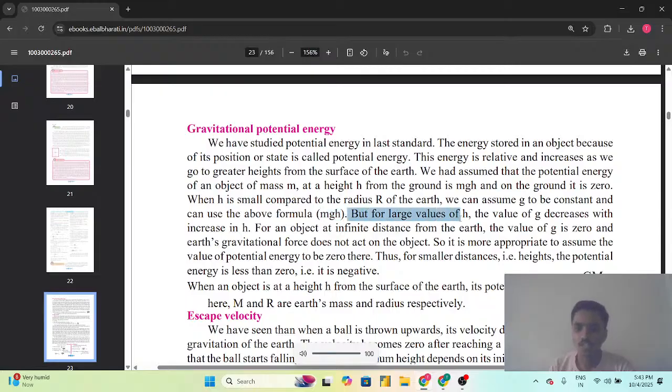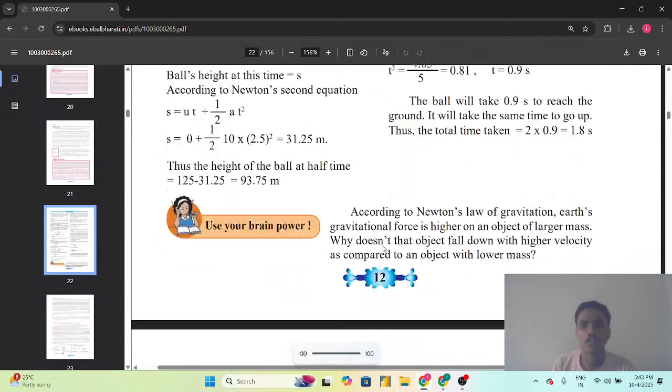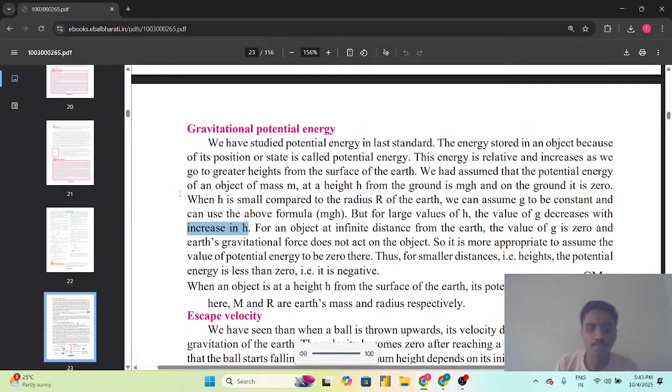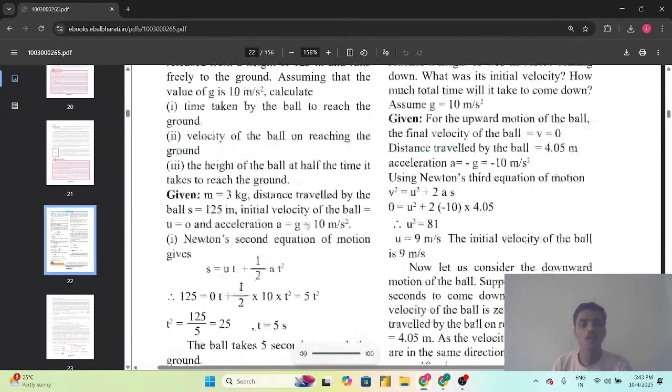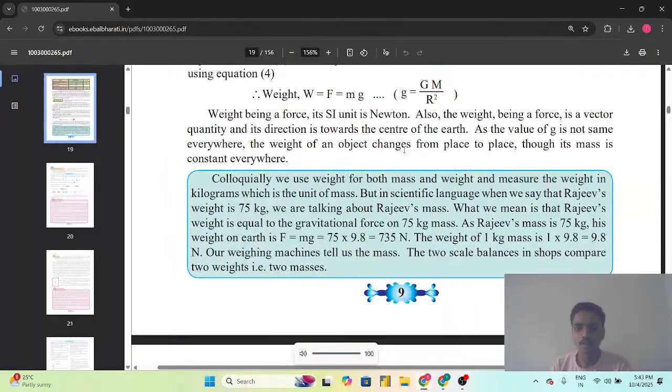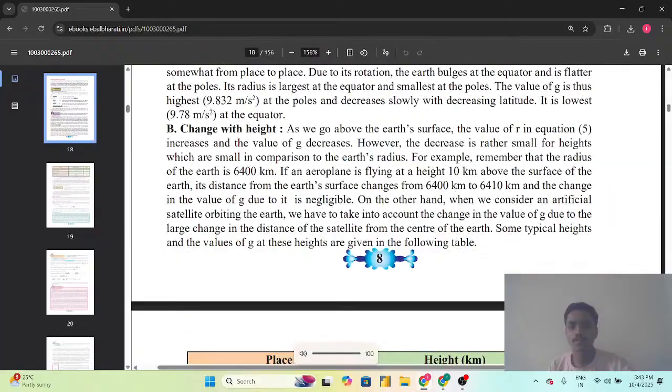But for larger values of h, the value of g decreases with increase in h. So as the height increases, the value of g decreases, as we have seen the effect of the height on the acceleration due to gravity. As we have seen above, as the height increases, the acceleration due to gravity will decrease.